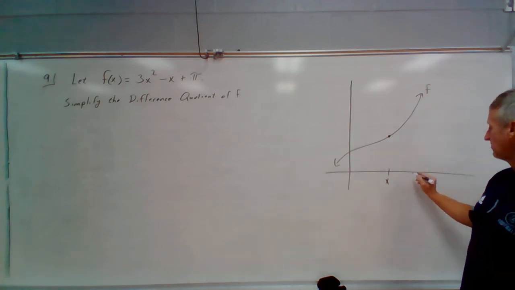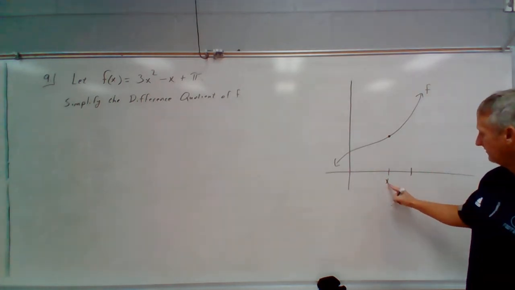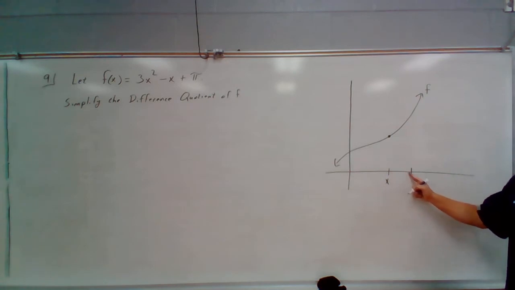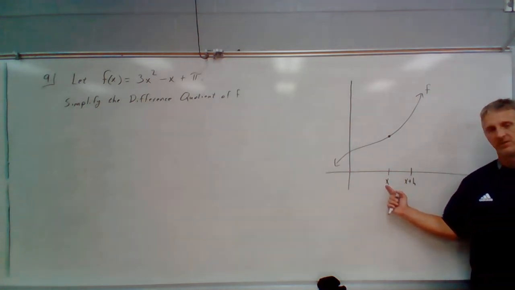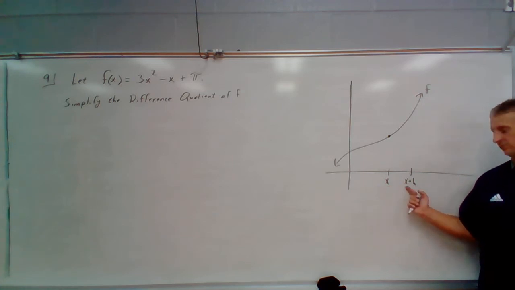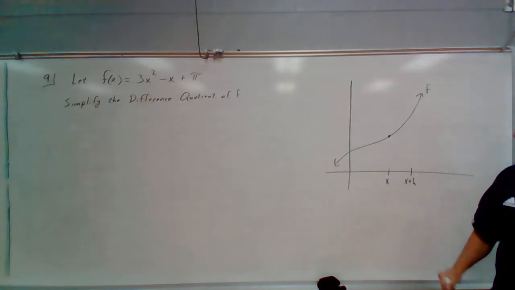Just a tiny little number h. So if this is x and I go this direction h, this will be x plus h. So think about it, if this was 3 and my h was maybe 0.1, then this would be 3 plus 0.1 or 3.1. So 3 and 3.1.